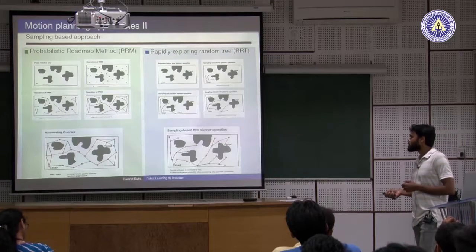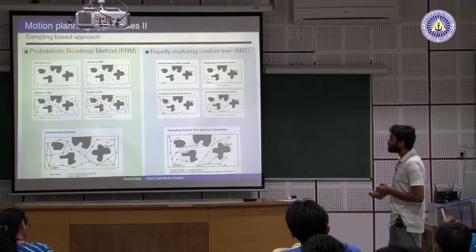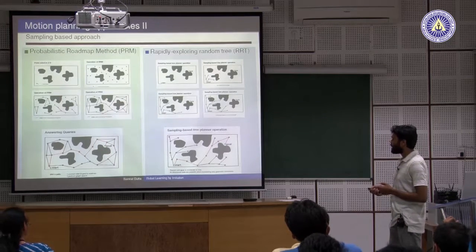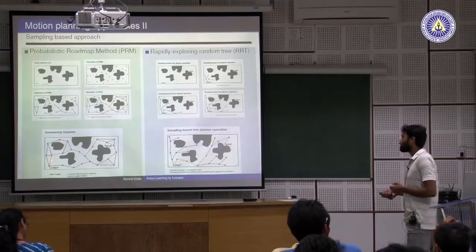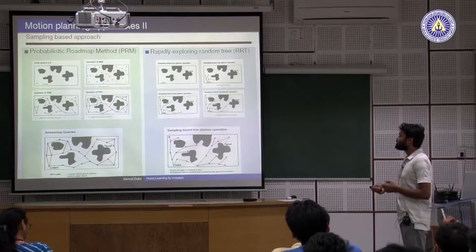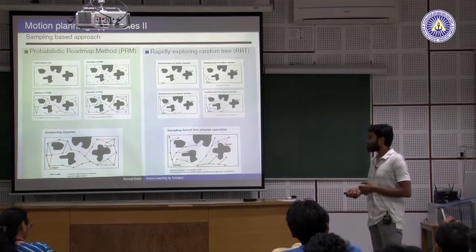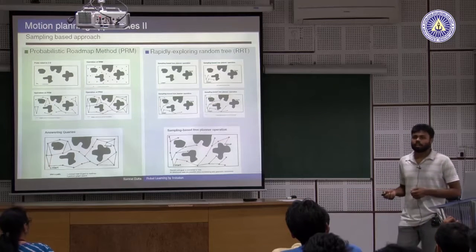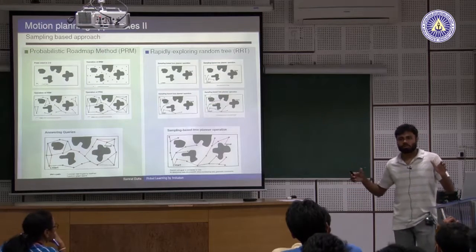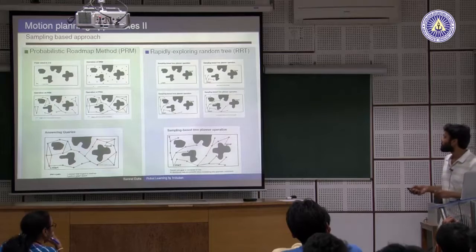When a query comes up, like here a start point, and the robot needs to go to the goal point, it does a graph-based search and calculates a path from start to goal, and it will work out. But these approaches are computationally expensive. You need to search the total global workspace.